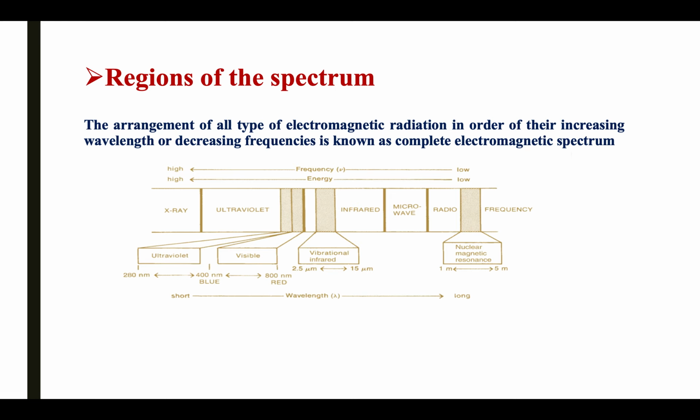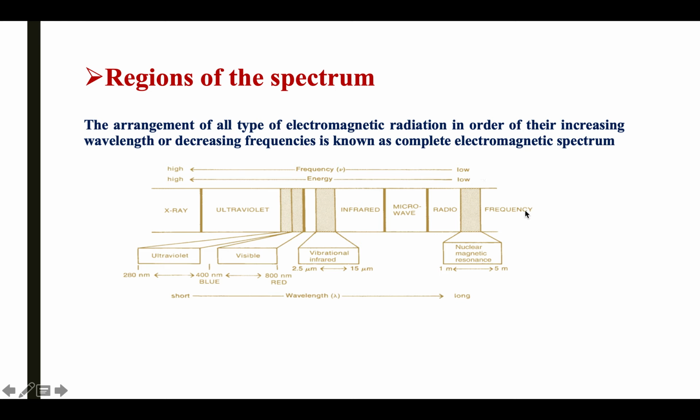So here is the given picture in the figure. Depending on the frequency and energy of the electromagnetic radiation, they have arranged it in such a way that this is the frequency. In terms of frequency, this is the lower region and this is the higher region.